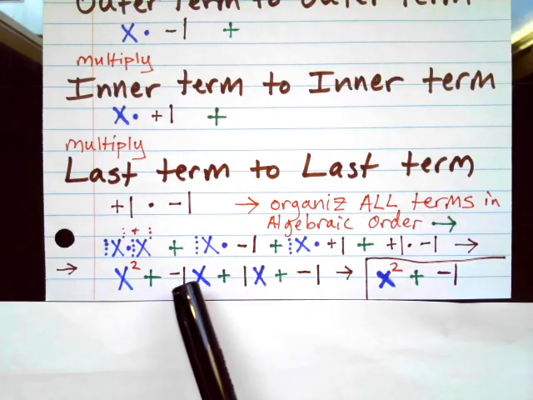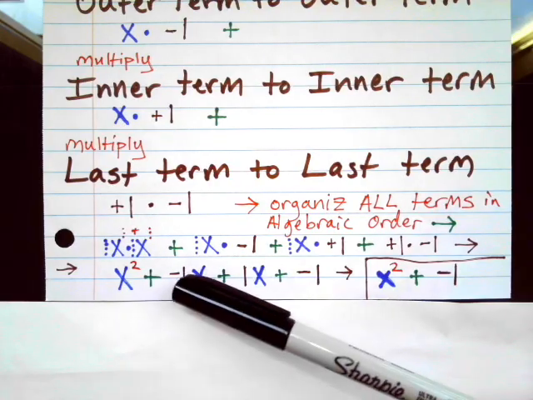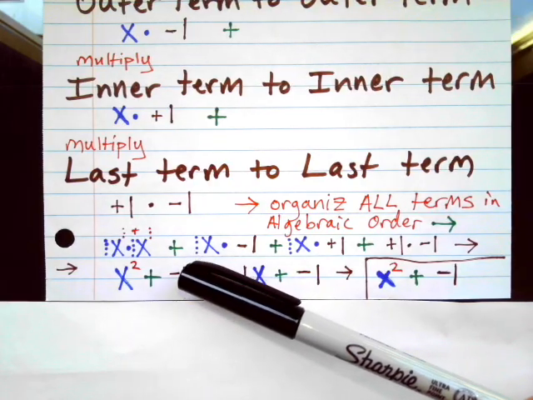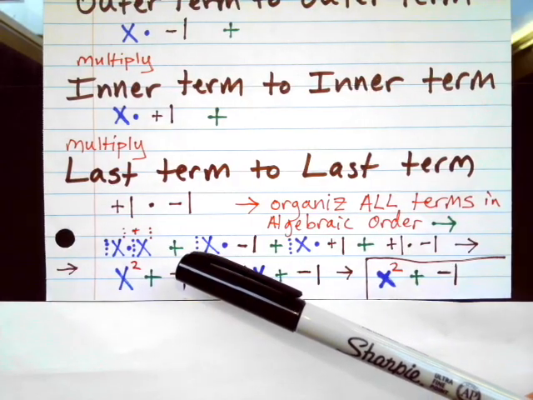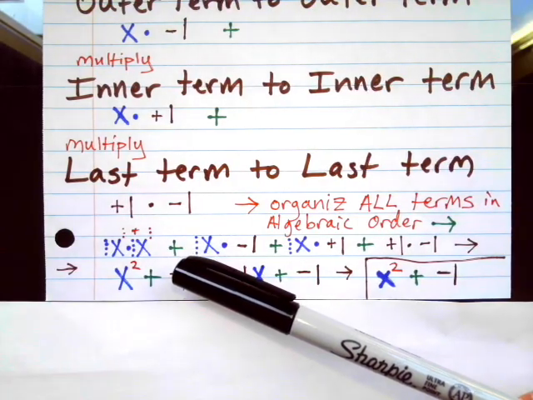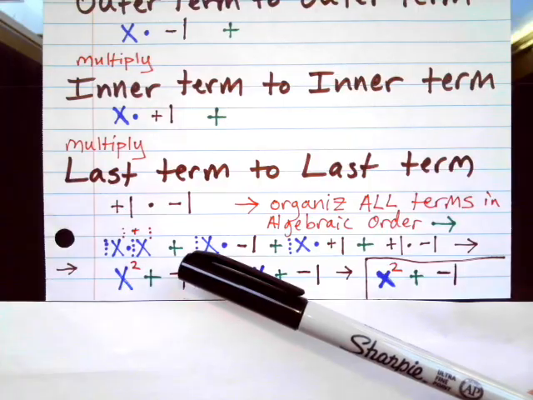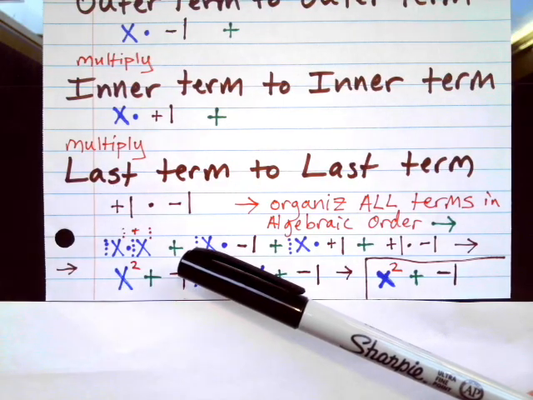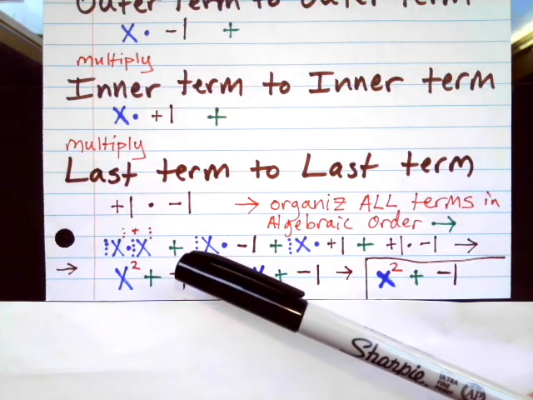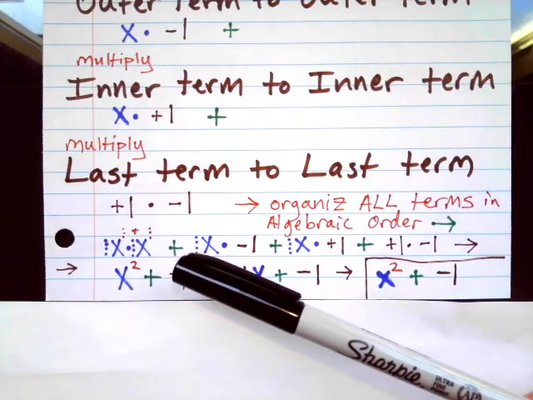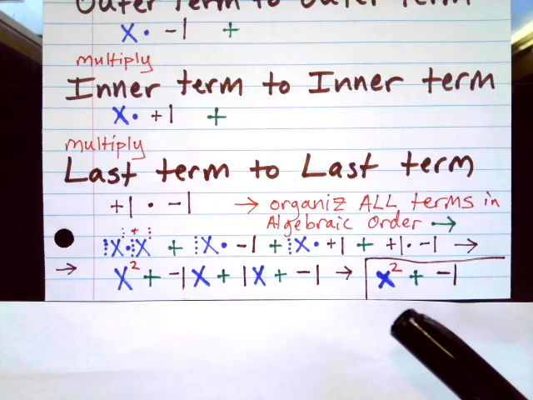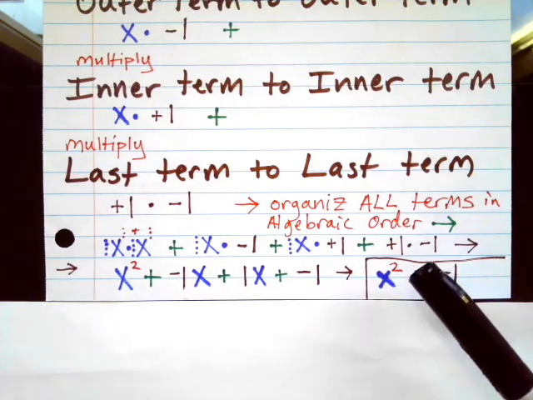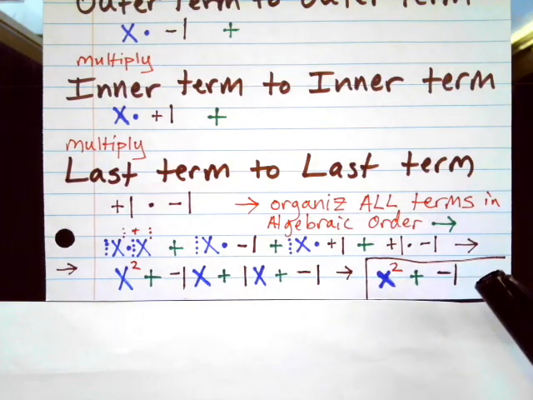Positive and negative cancel out to be 0. I'm left with x squared. Since there's no other x squareds, that term is all by itself. Plus a negative 1. Since there's no other constants, no other whole numbers around, I'm just going to rewrite that negative 1. My final answer, x squared plus a negative 1.